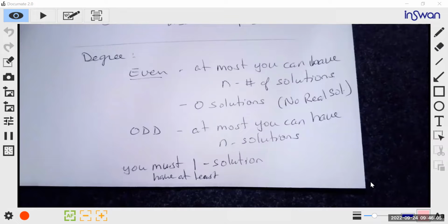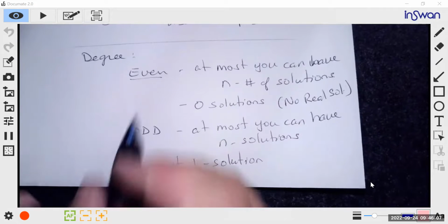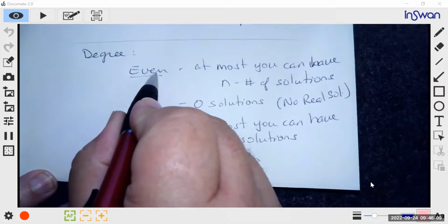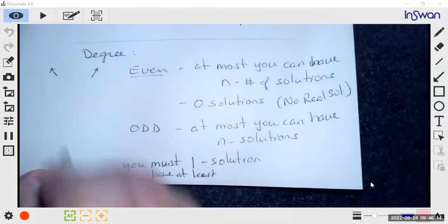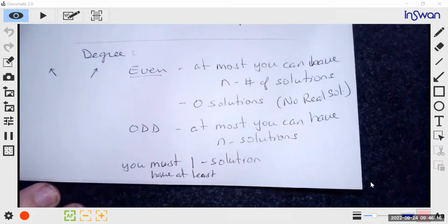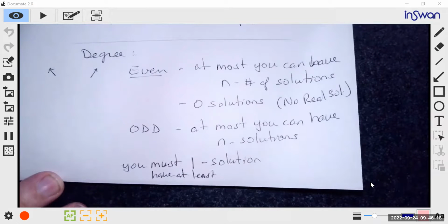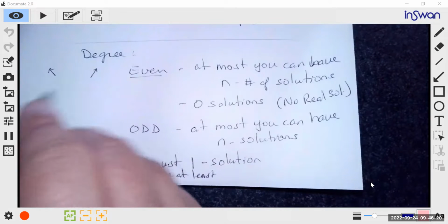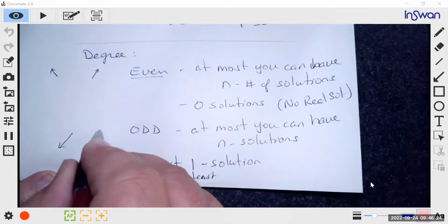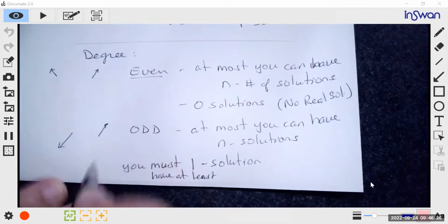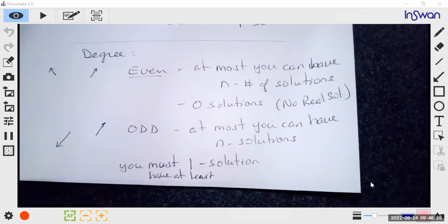Think of the end behavior. The end behavior of even degrees is they either both point up or they both point down. They both point the same direction. So if the x-axis is below that, they'll never touch. That's why you have 0. But odd degrees, the end behavior, they point different directions.